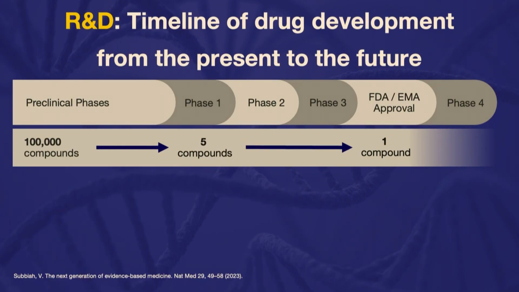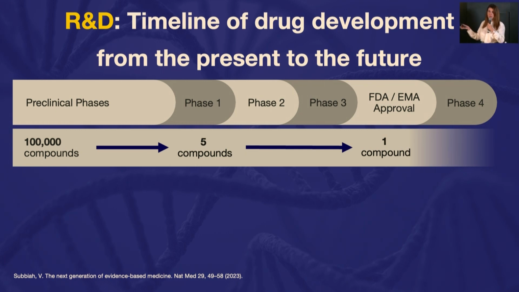Currently, the drug development process starts with an estimated 100,000 new candidate molecules. But at the end, just one molecule comes to the market after 10, 15 years and costs $2-3 billion.